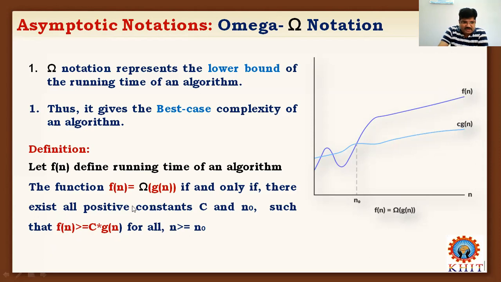So always the value of f of n is greater than or equal to c into g of n. Here the boundary value of c into g of n is less than the boundary value of f of n. So this is just the reverse of the previous one: omega notation is the reverse of big O notation.